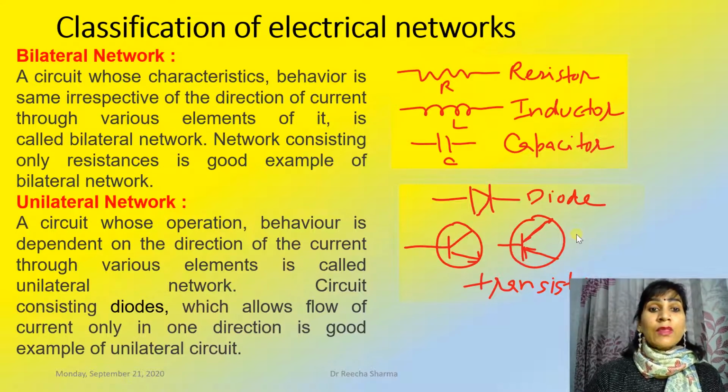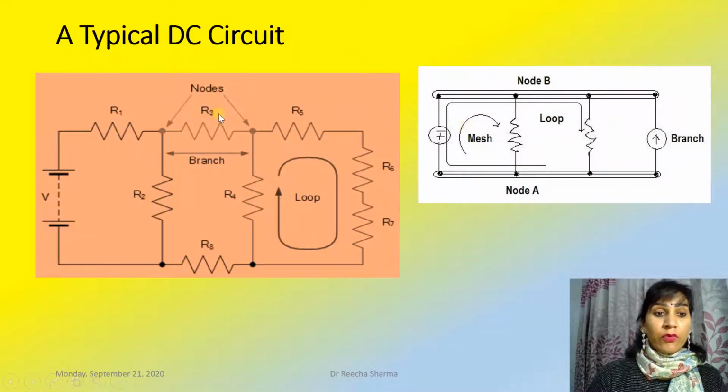It means a bilateral network is one in which the current flows in both directions. So circuits having resistances, inductances and capacitances are considered bidirectional or bilateral networks. As in the previous diagram, here we have resistances, so this is a bilateral network.